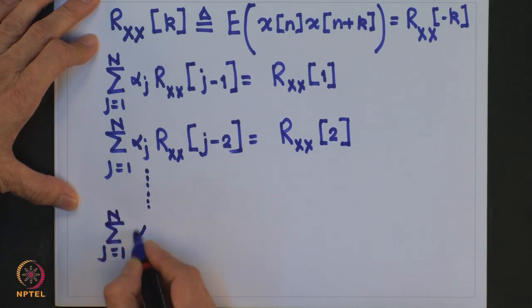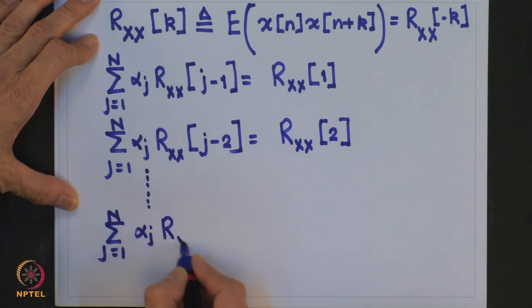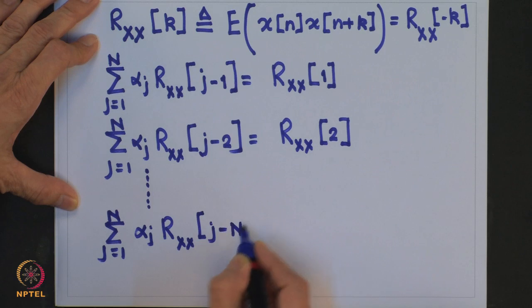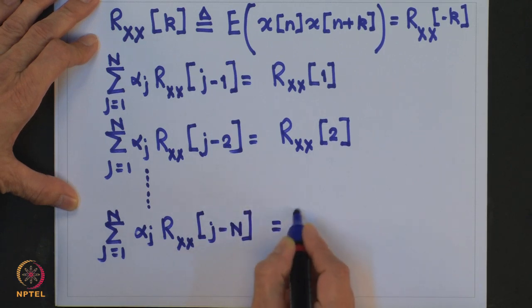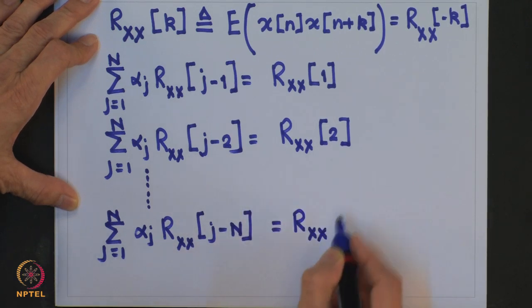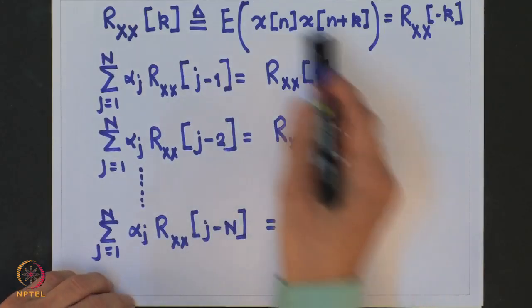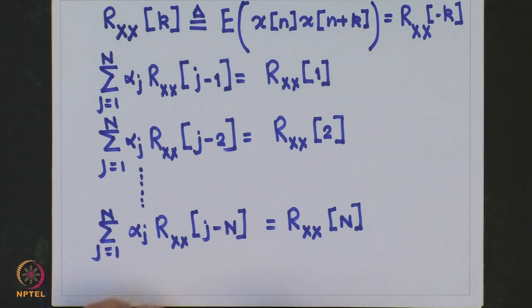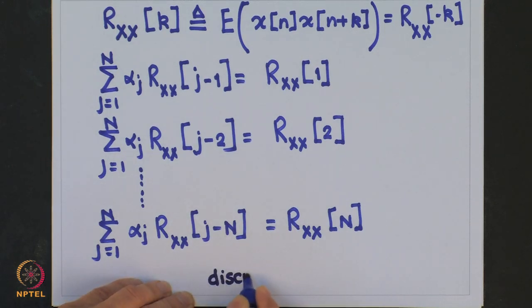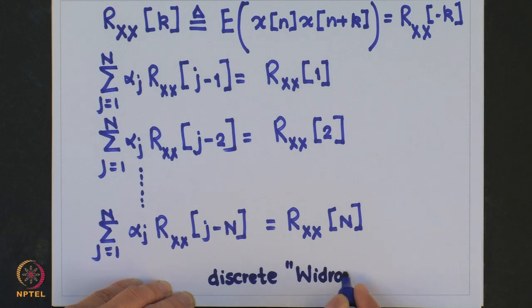This is the last equation which we will have. See, this set of equations are also known as discrete Wiener-Hopf equations.